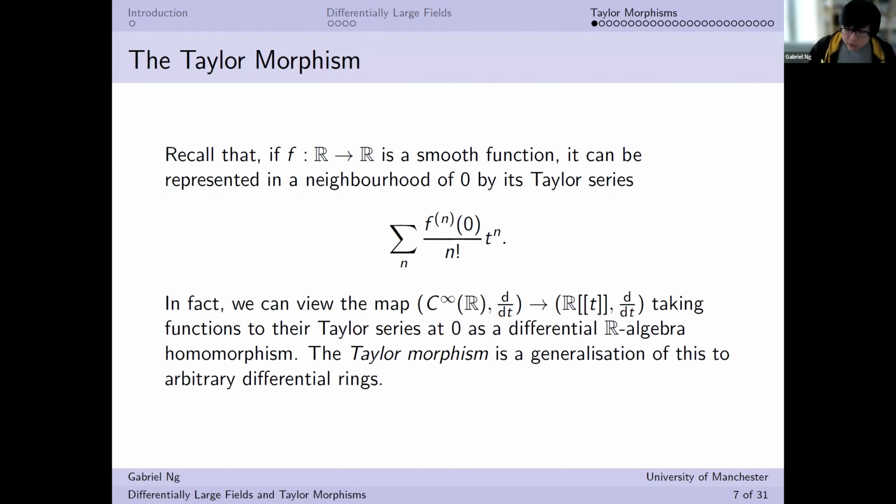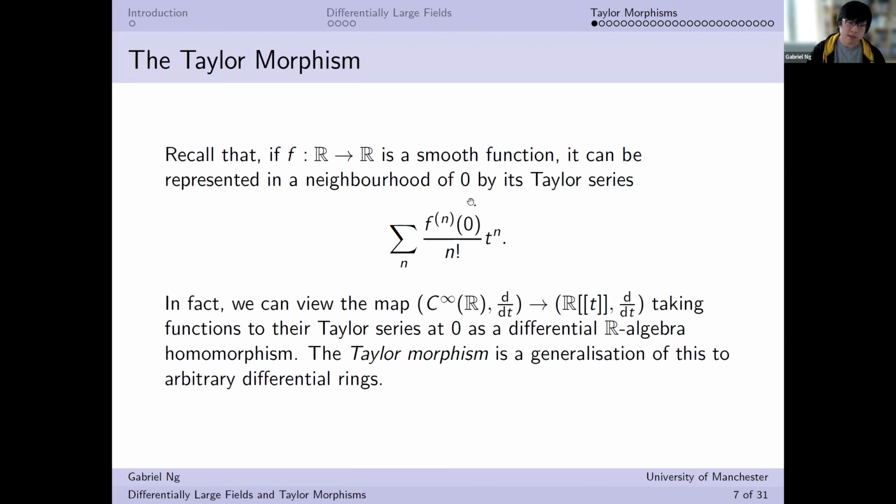Okay, so the motivation for studying these abstract Taylor morphisms comes, of course, from analytic considerations. So by motivation, remember, if we take, say, a real smooth function, f, we can think of it, modulo some analytic considerations, as a Taylor series around 0.